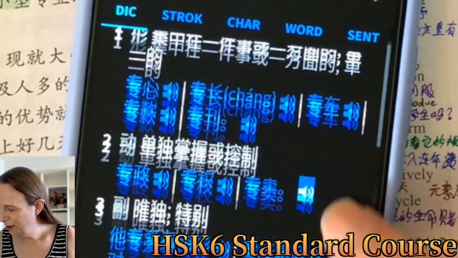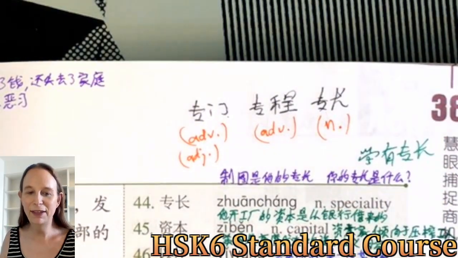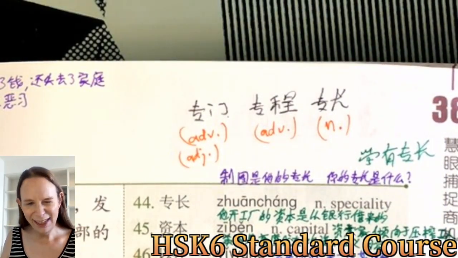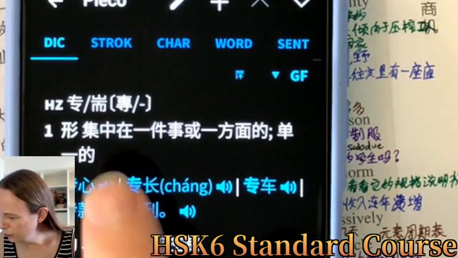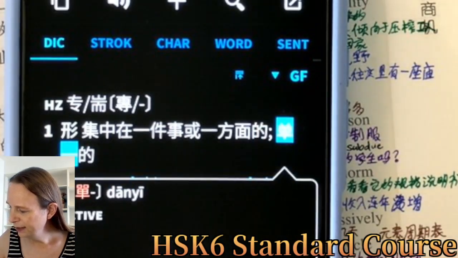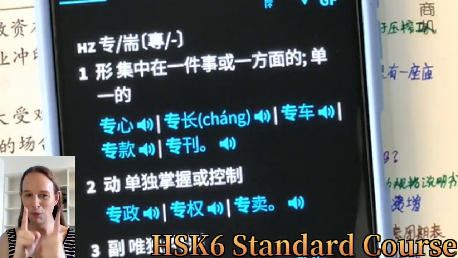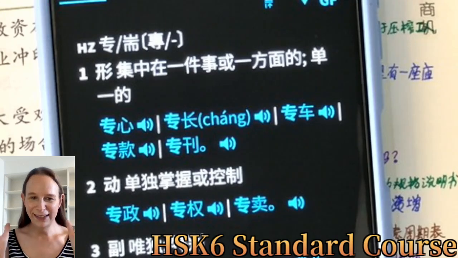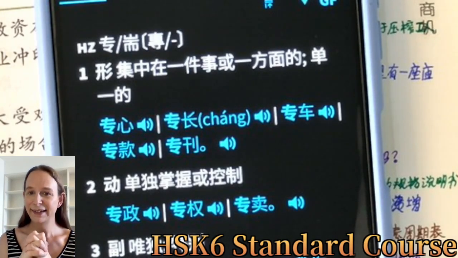All right, so maybe the 专长 means something you're especially good at. 专长其中在一件事或一方面的单一的. Yeah, it kind of is. You're good at one thing because maybe you spent your entire life focused on one thing and you've gotten really, really good at it. And maybe that's your 特长.